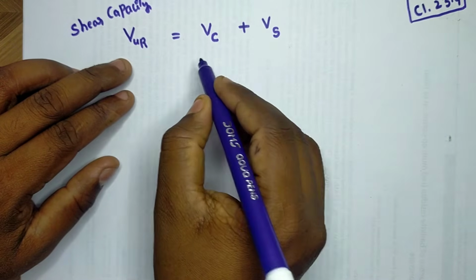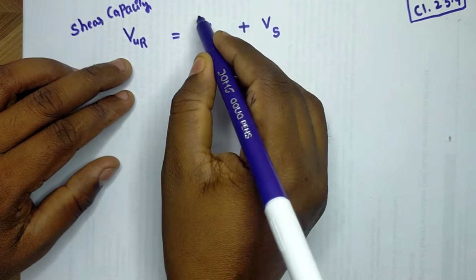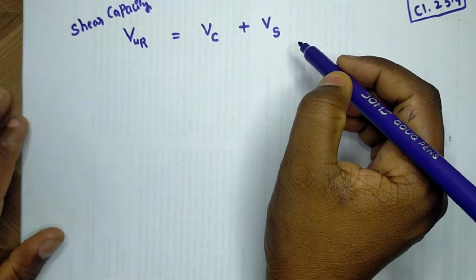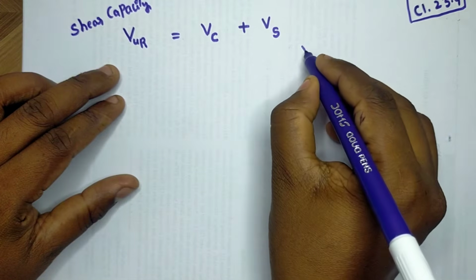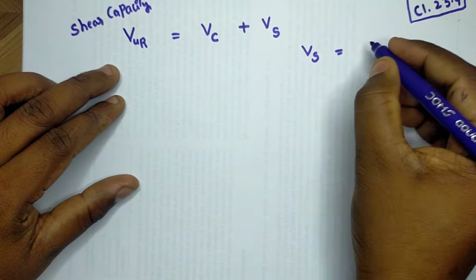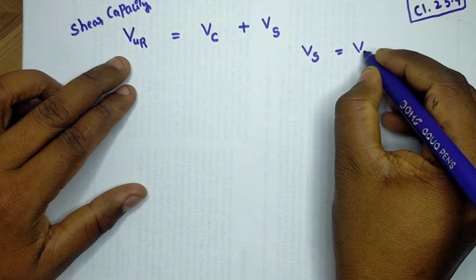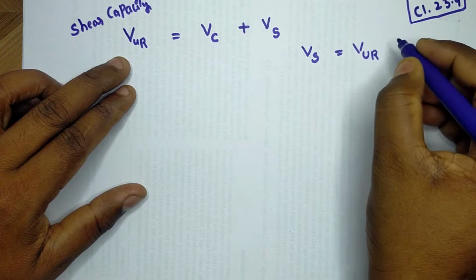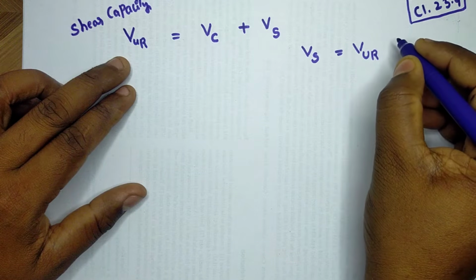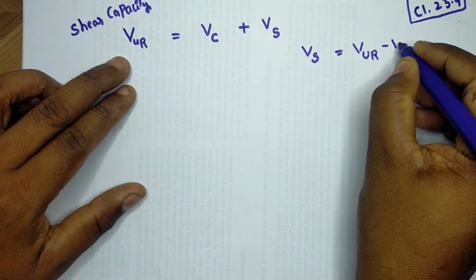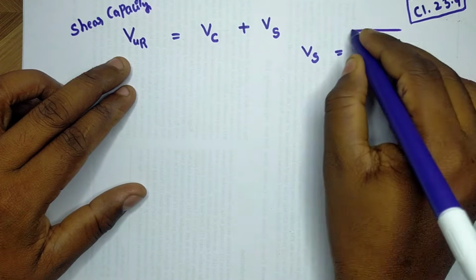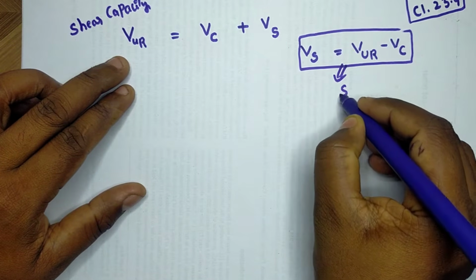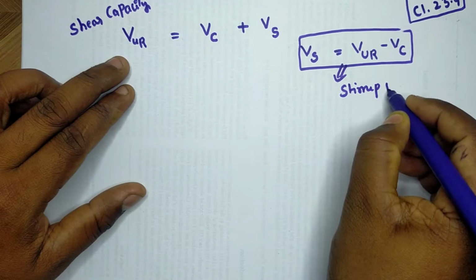Now we need to design the shear reinforcement such that, after deducting the shear resistance contributed by the concrete from the ultimate shear, for this remaining amount we design the stirrups or any other shear reinforcement.